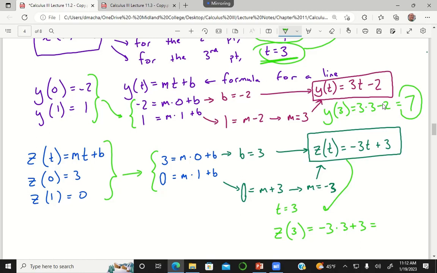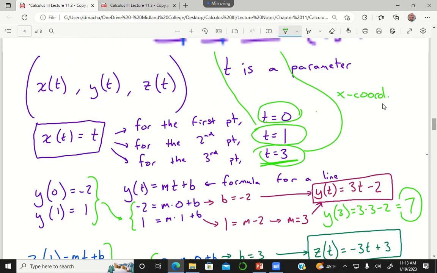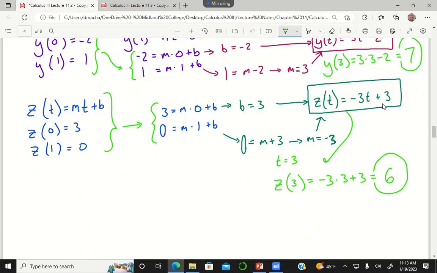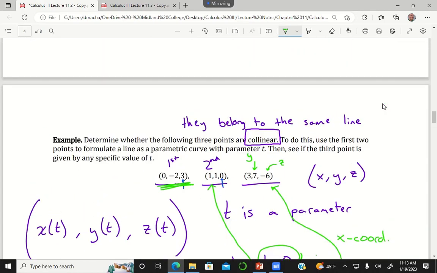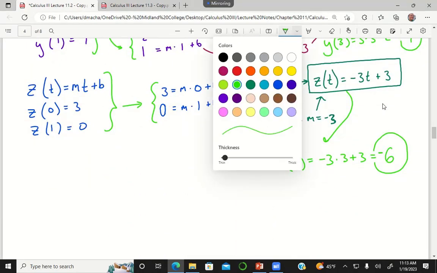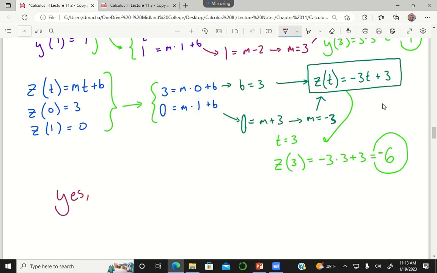So that would be -9 plus 3, which is -6. And that is a z-coordinate of -6. And so that does give me the right z-coordinate. And so this verifies that yes, these are collinear.